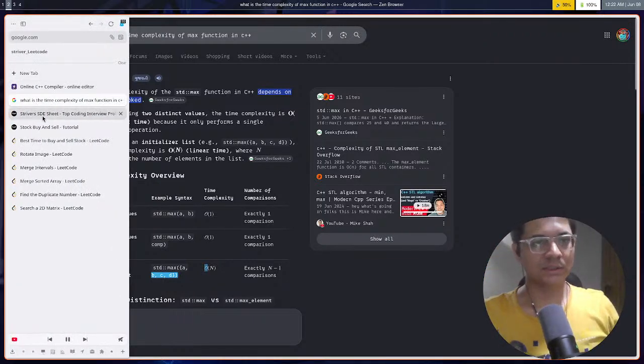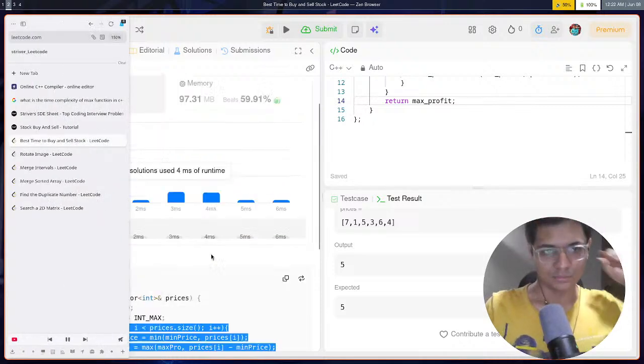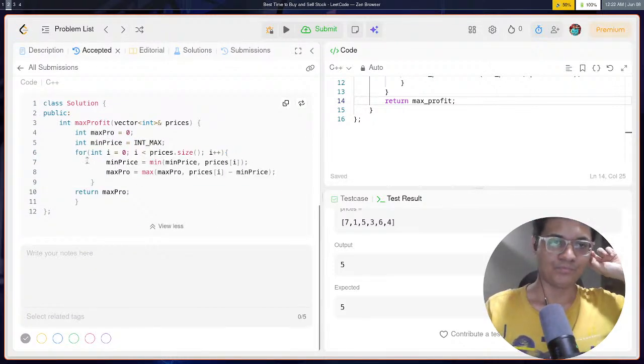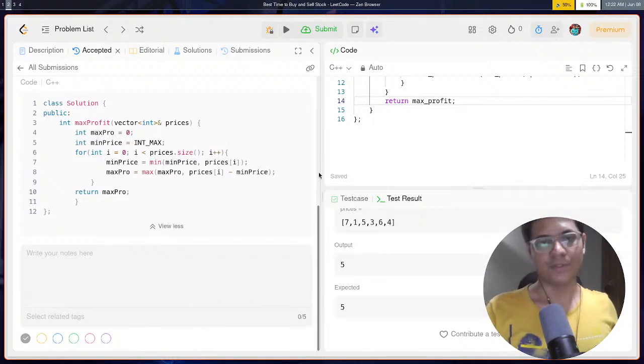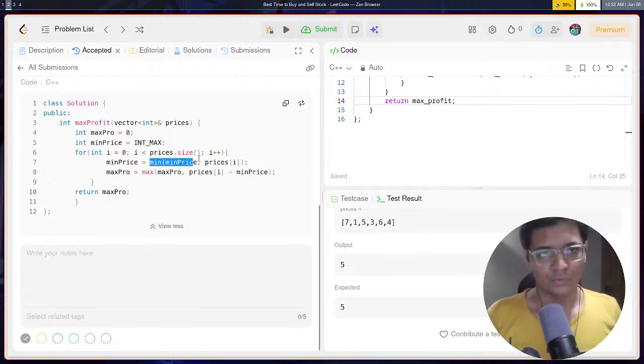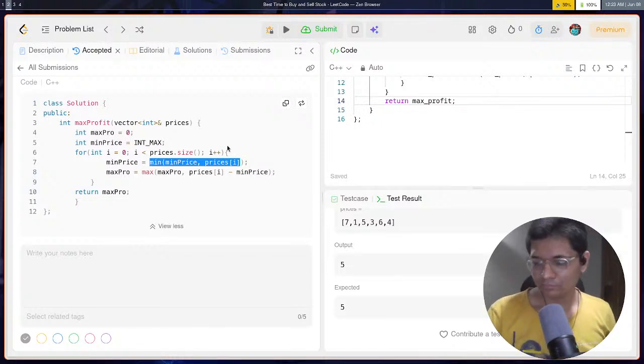So this solution was also right, where we had taken a loop where we are just iterating through the vector and keeping track of min price and the max profit, where min price is the minimum of min price and the prices of I index. If you don't understand this syntax, it's very easy to understand.